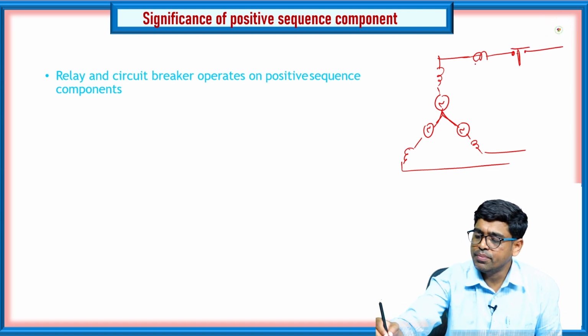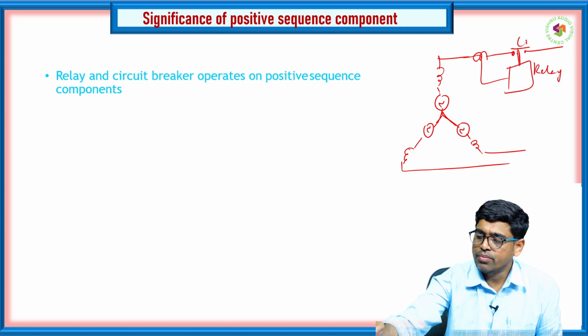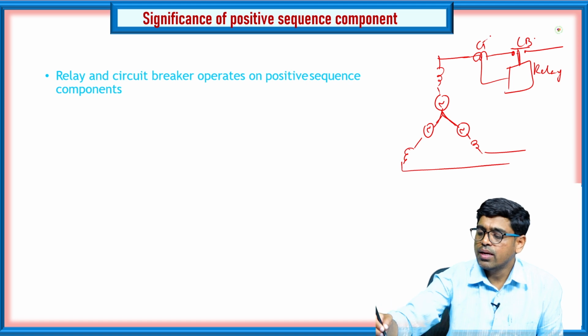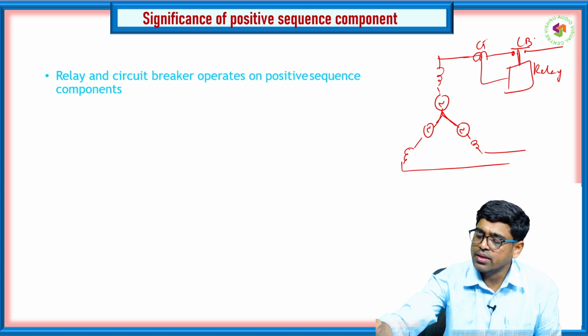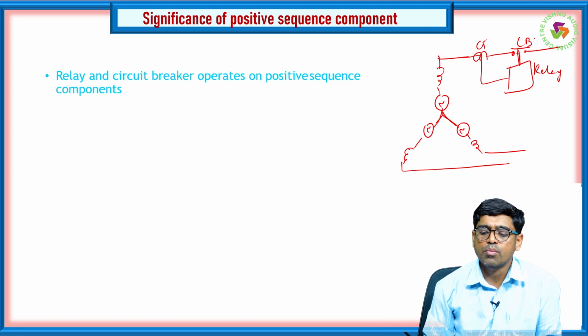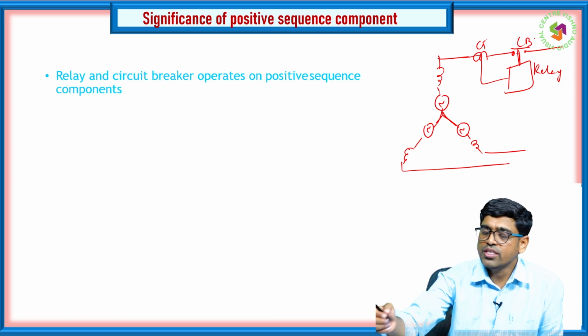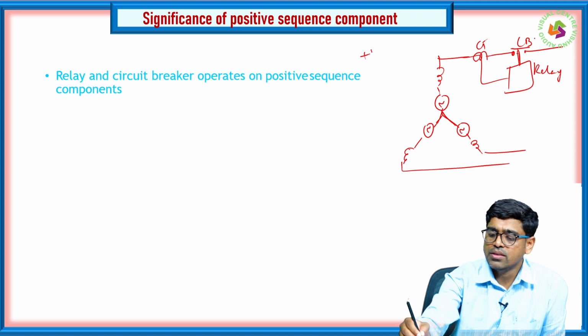So it will be tripped based on this circuit breaker and CTs. So the relay and the circuit breaker operate on the positive sequence component.